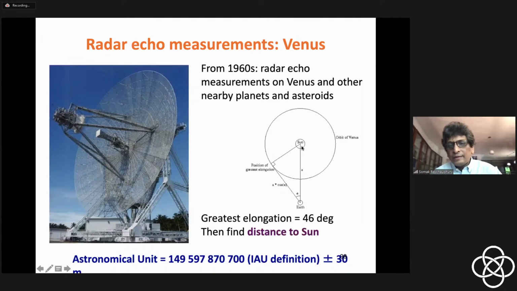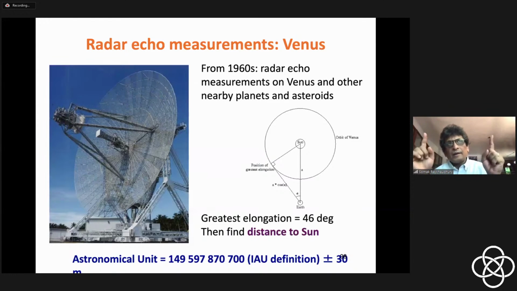And then, from that, you can actually measure the distance to the sun. And this is how you do it. So here you are at the Earth, and you can measure the distance to Venus when Venus is going around the sun, and it's inside the Earth's orbit.